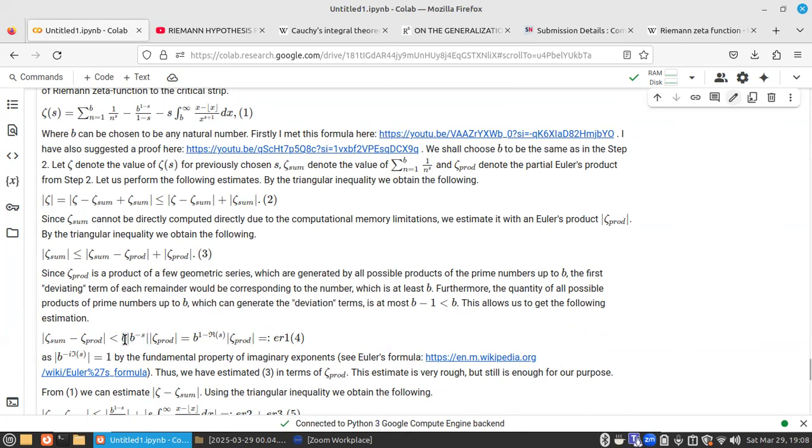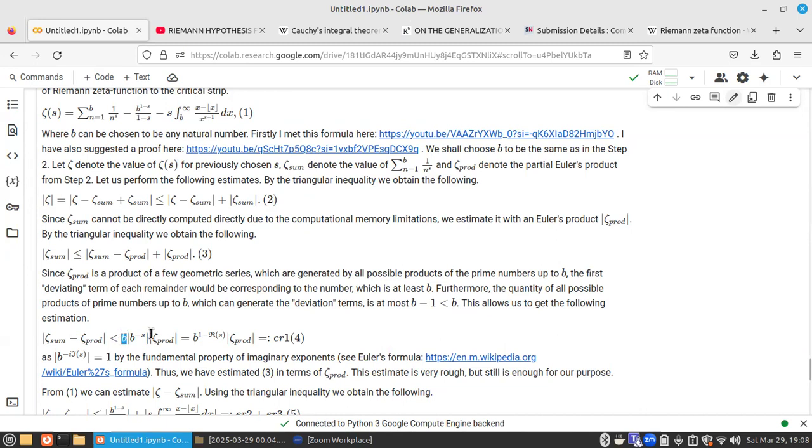So, and we also know that we would have a number of those products which generate our error. The number of such remainders would be not greater than b.